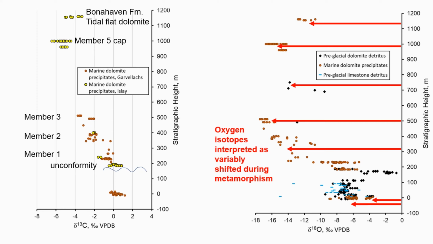As you can see by the coding of samples in the diagram on the left, the effects are similar on Islay and in the Garvellachs. We see no evidence of meteoric diagenesis, and so the values must reflect resetting by oxygen isotope exchange during deep burial and metamorphism. But did this resetting affect the carbon isotopes too?